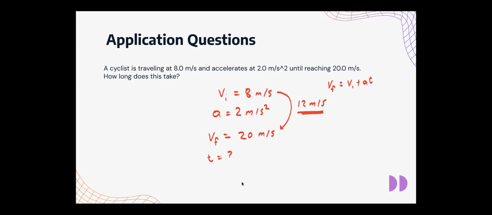If we remember, we have our three variables, so we can just input them now. 20 equals 8 plus 2t. So we found the difference, which is 12, equals 2t, and then t equals 6 seconds.